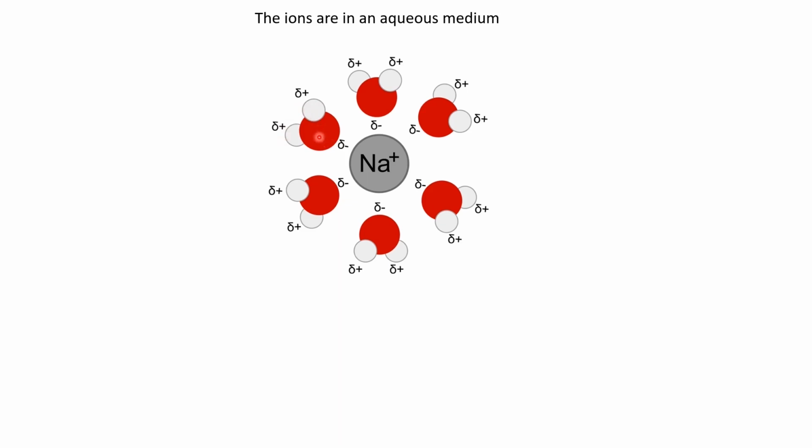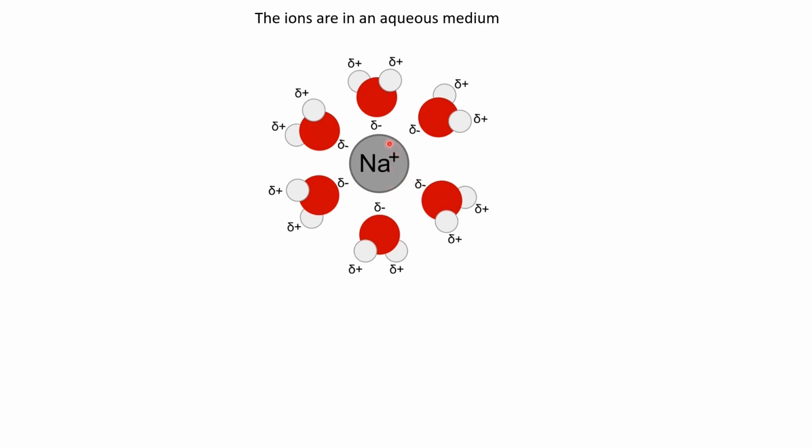Because the oxygen atom is more electronegative than the hydrogen atoms, it tends to attract the negative charge towards it. So there is a partial negative charge on the oxygen and partial positive charges on the hydrogen atoms. And the sodium ion or the potassium ion, because these are positively charged, they tend to attract these partially negative oxygen atoms towards them.